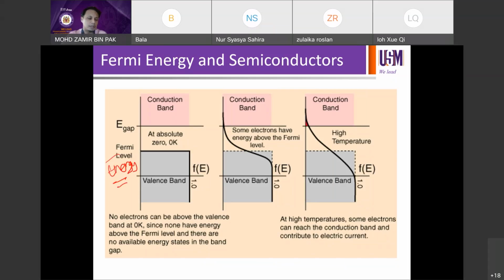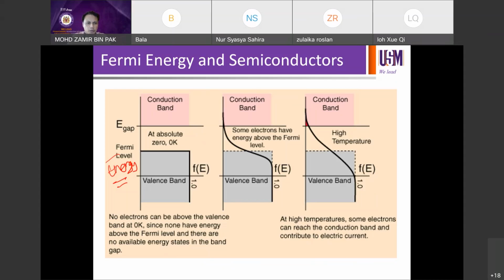I mentioned a couple of times that you'll find references where y equals energy is used, and in some cases the y-axis is the probability of the Fermi-Dirac function, f(E). In this particular case it is E, because you want to put the band diagram together with the curve to explain the excitation at different temperatures.